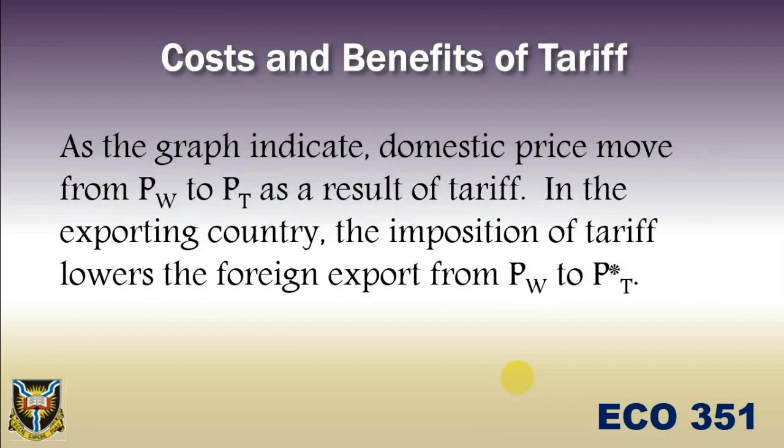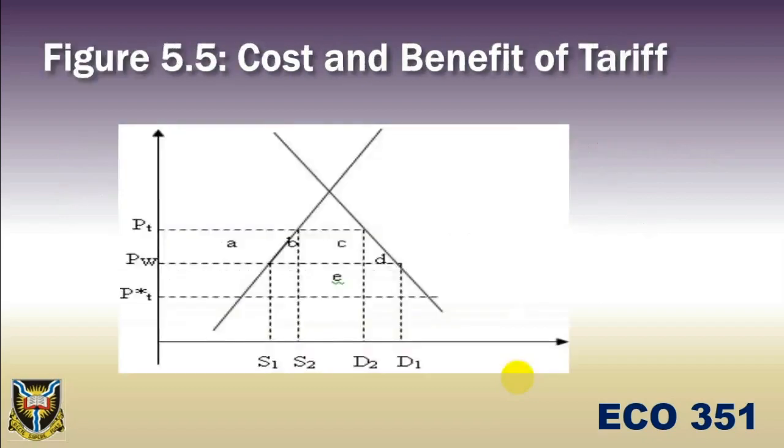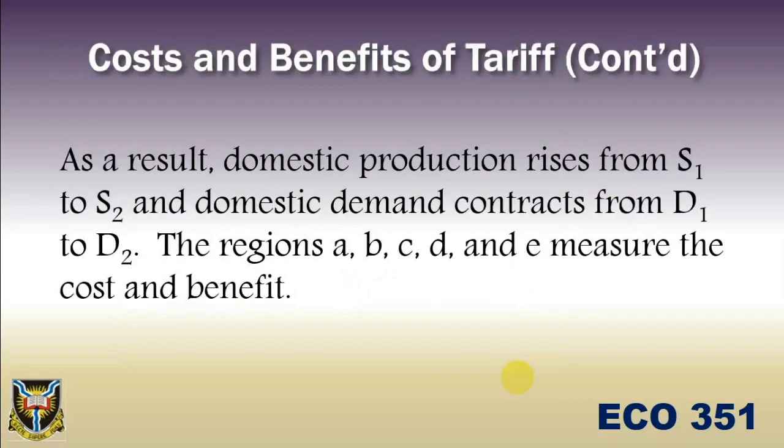In the exporting country, the imposition of tariff lowers the foreign export price from PW to P star T. As a result, domestic production rises from S1 to S2, and domestic demand contracts from D1 to D2. The regions A, B, C, D, and E measure the cost and benefit.